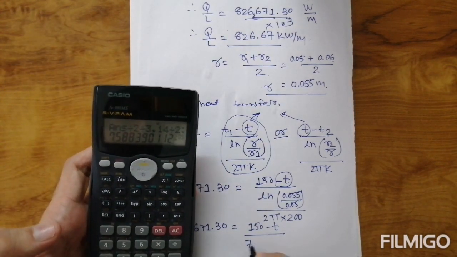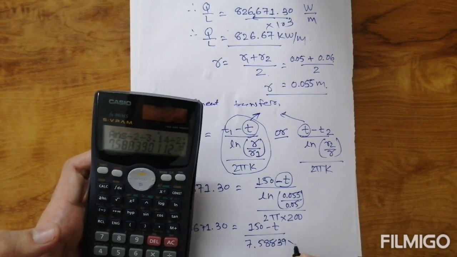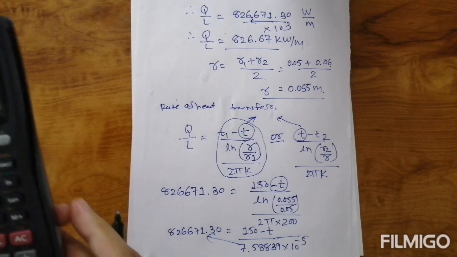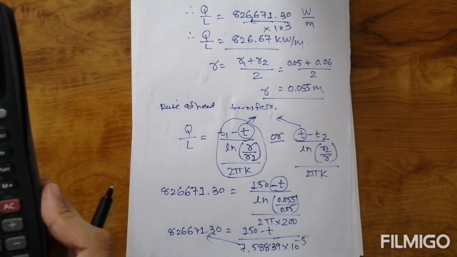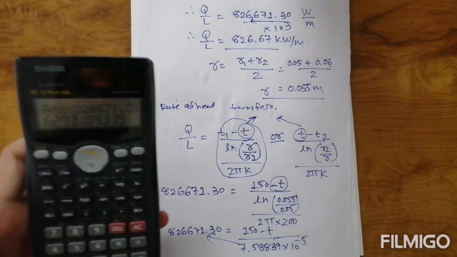That is our denominator, 7.5889 into 10 raised to 5. Now we take this side and multiply.